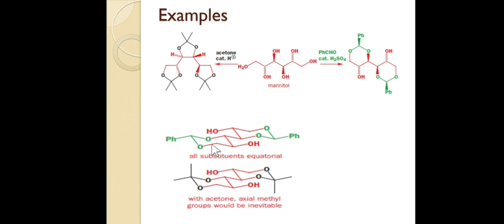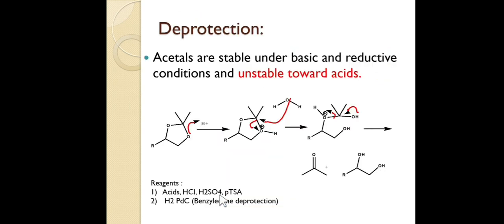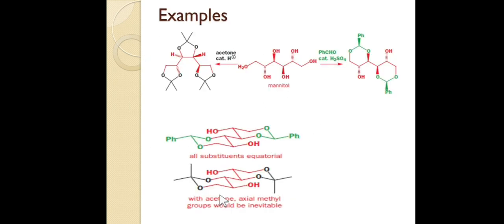But in this case the two methyl groups are axial, so they will disturb the molecule stability. So in case of 1,3-diol we are using benzaldehyde acetal, and for 1,2-diol we are using dimethyl acetal. This is how we are doing the protection of 1,2 and 1,3-diol with the help of acetal formation.